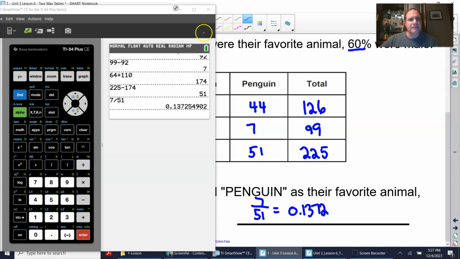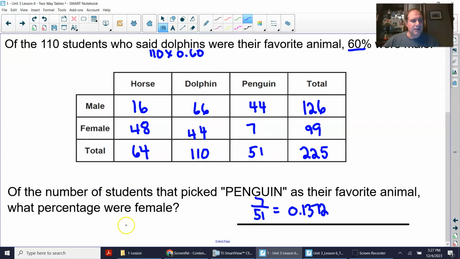If I rounded that to the nearest whole percent, that would be 14%. Rounded to the nearest tenth would be 13.7.